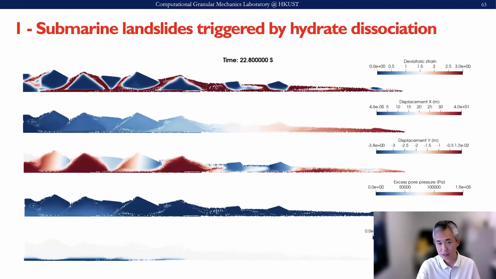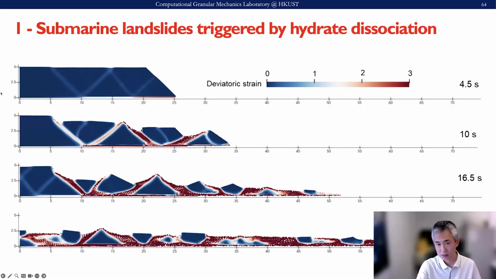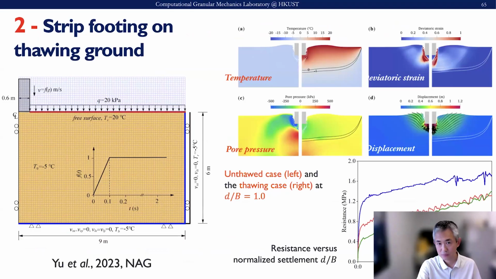This is the further recap of the deviatoric strain at different time instances, and this is indeed a so-called retrogressive, progressive failure, because the collapse at the top part caused a further collapse from the left part here, and makes this run-out.